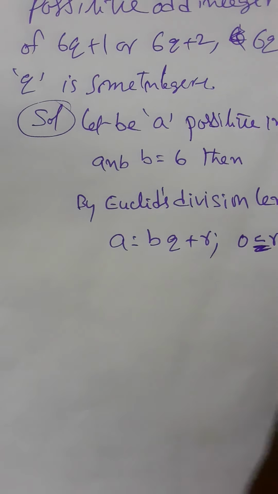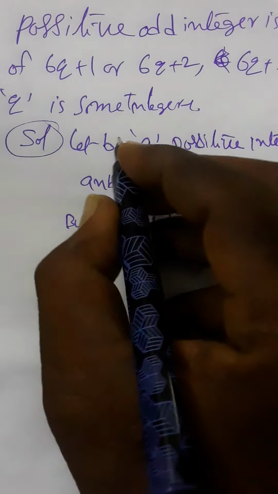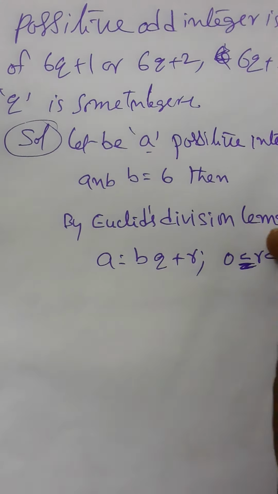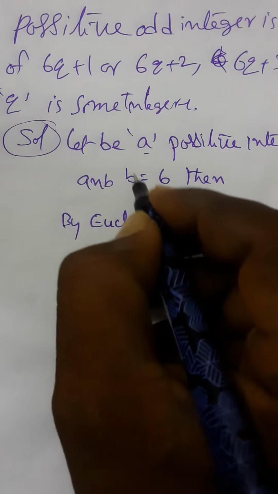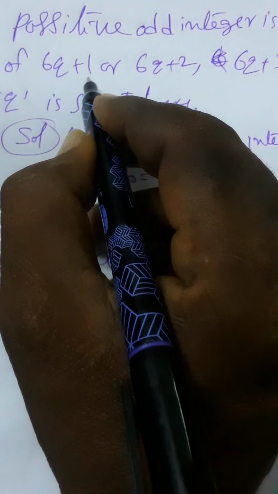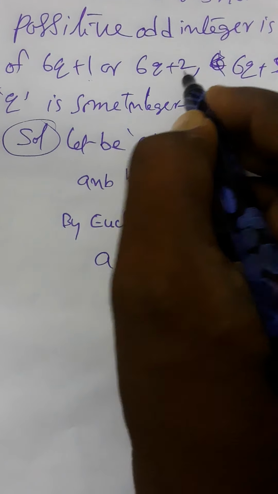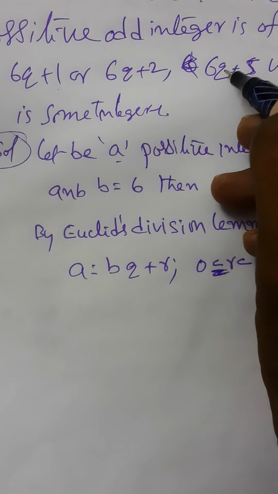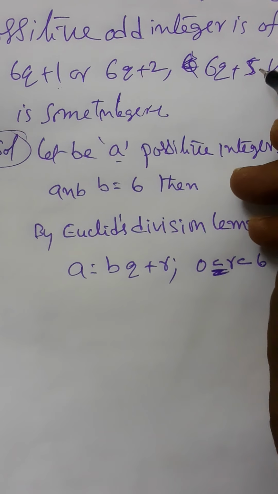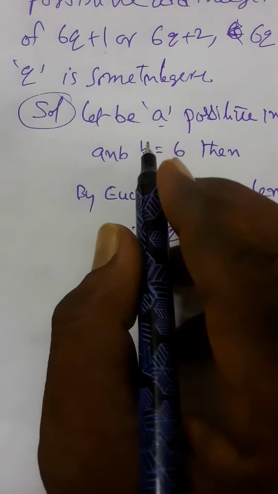So let's start. Let a be a positive integer, and the forms are 6q plus 1, 6q plus 3 or 6q plus 5. So b is equal to 6.